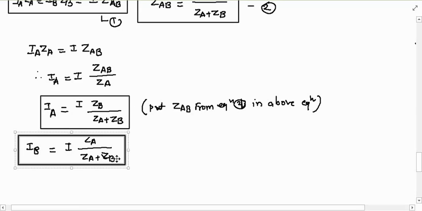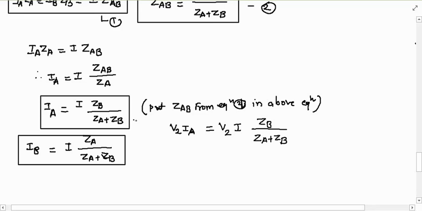If I multiply both sides by the common terminal voltage V2 of the above two equations, then I will get V2 into IA equals V2 into I into ZB upon ZA plus ZB.